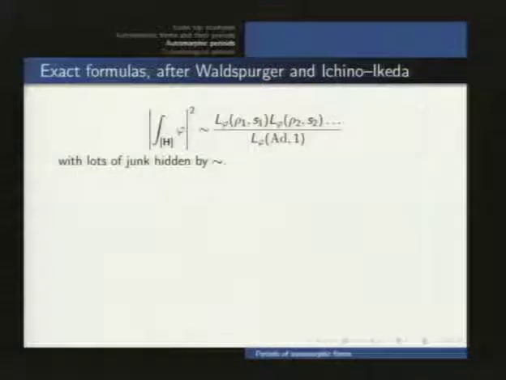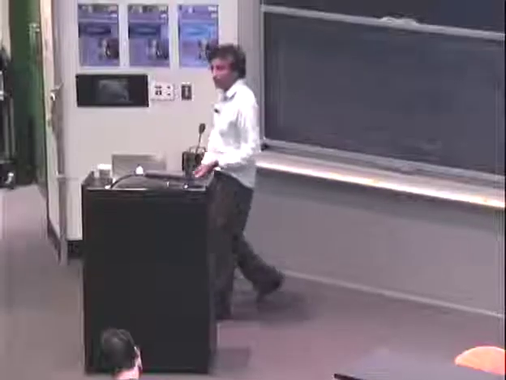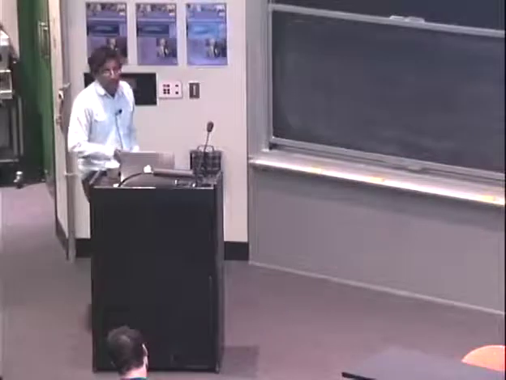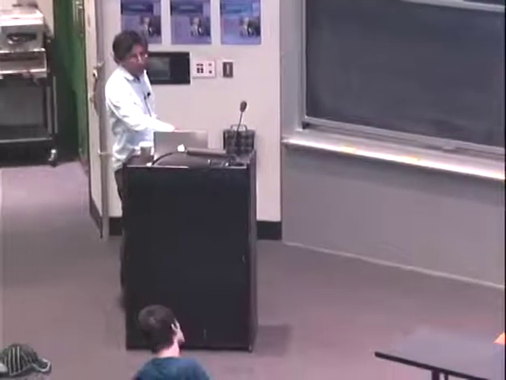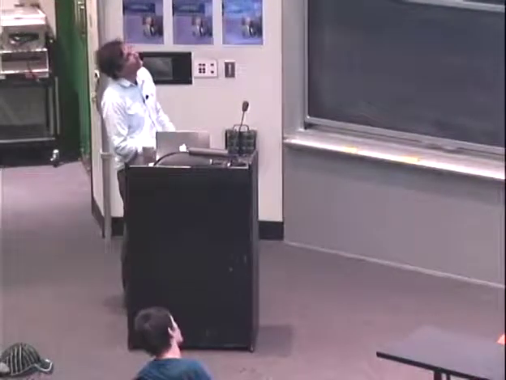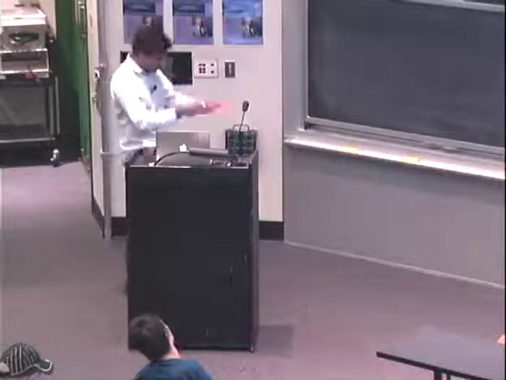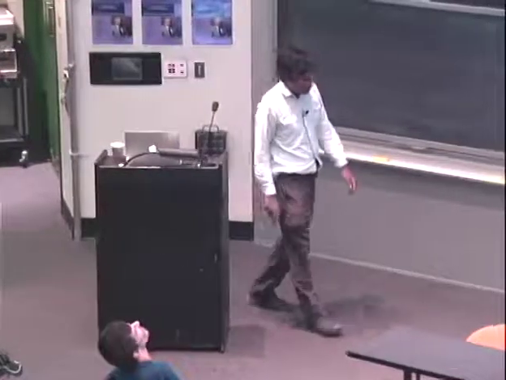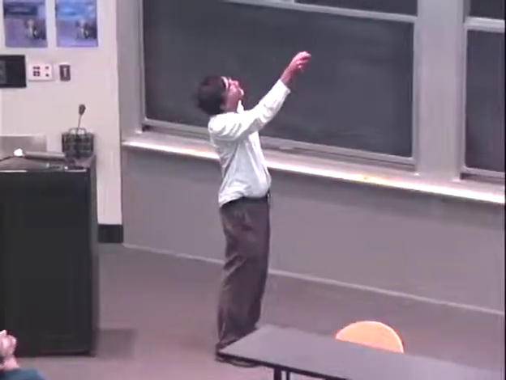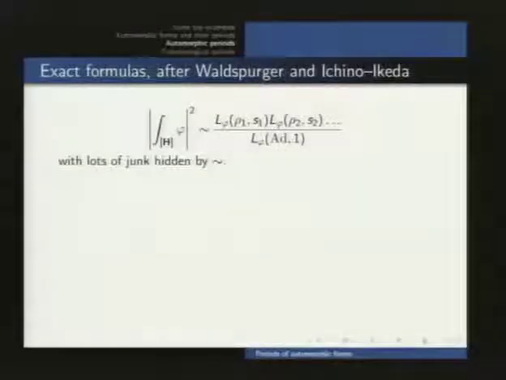Just as Weil and Tamagawa introduced a more complicated measure which made the statement much more conceptual, there's a similar thing here. There's an exact formula for this which works in very many cases, where I'm going to introduce a much more conceptual substitute for the right-hand side. It still has the issue.